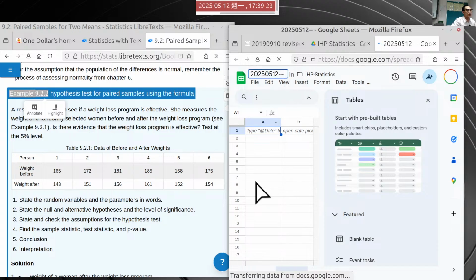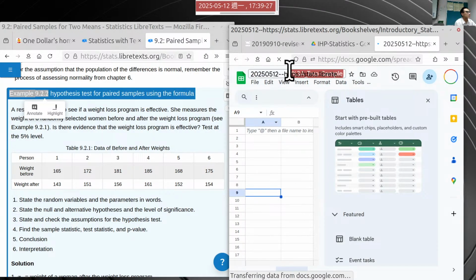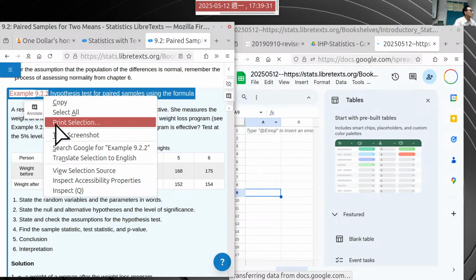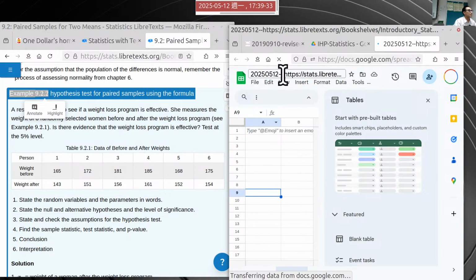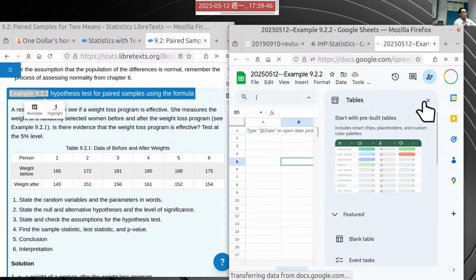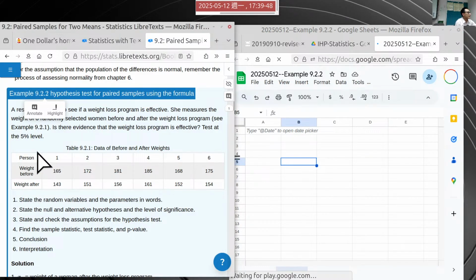Example 9.2.2. Okay, and now just copy here.